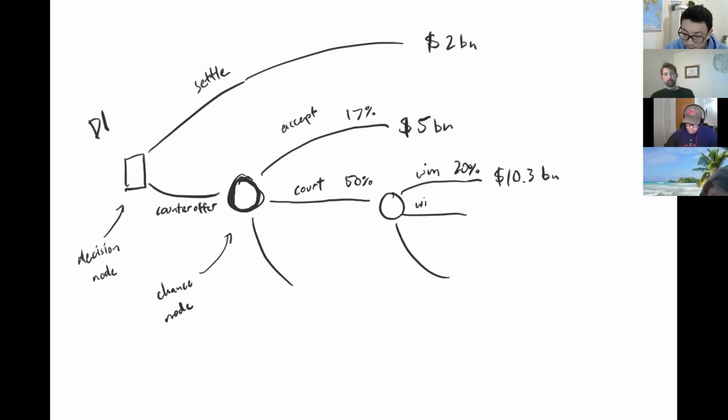This is another win, 50%, where you get 5 billion. And this one you lose. And there's a 30% probability of that, in which case you make $0.